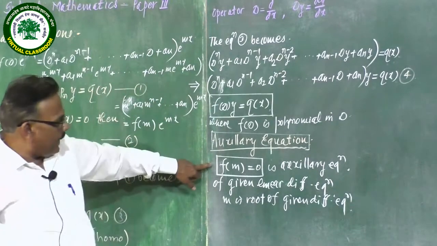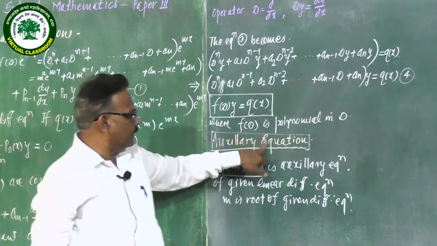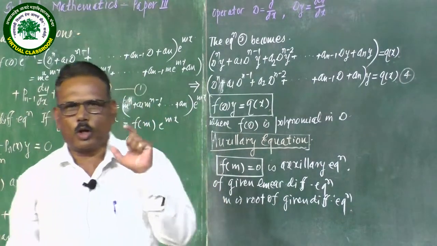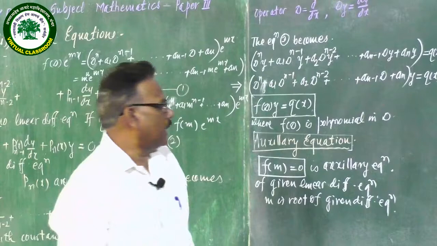So after finding the f of m, or auxiliary equation of the given differential equation, there are three methods to solve this auxiliary equation. Which are those methods?